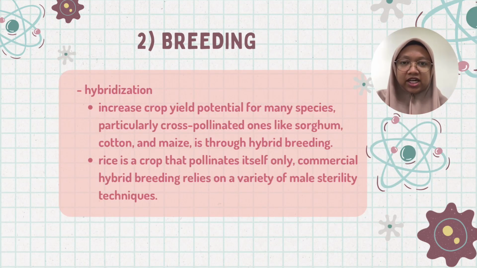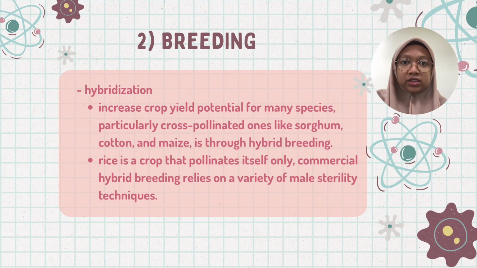The next one is hybridization. It has been established that the best way to increase crop yield potential for many species, particularly cross-pollinated ones like sorghum, cotton, and maize, is through hybrid breeding.